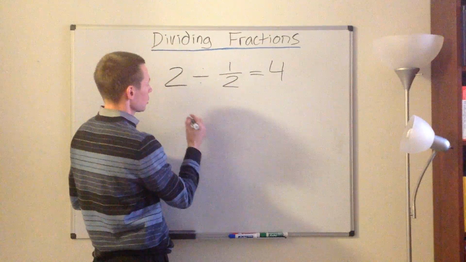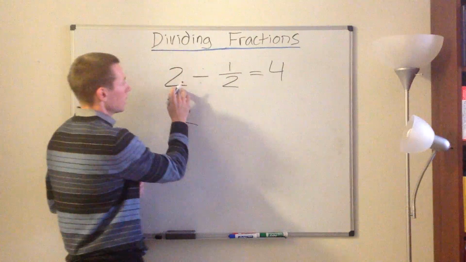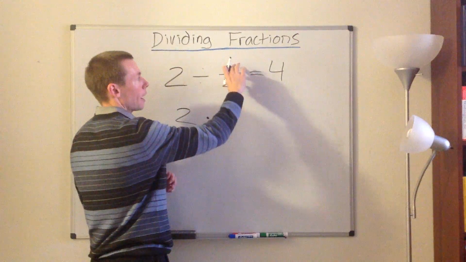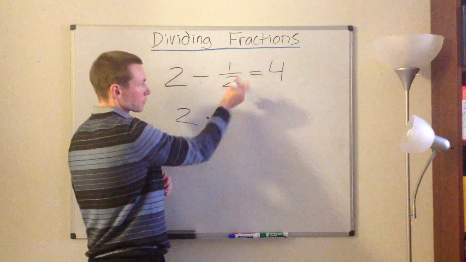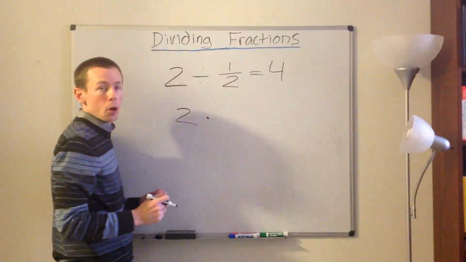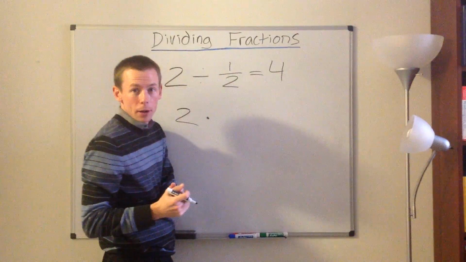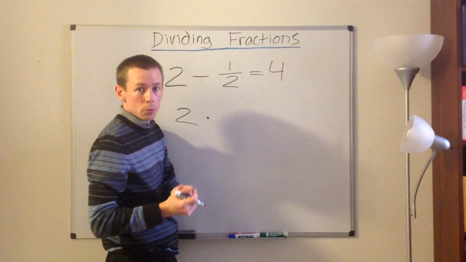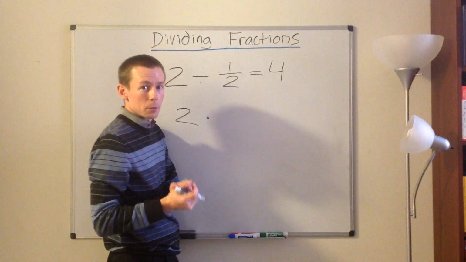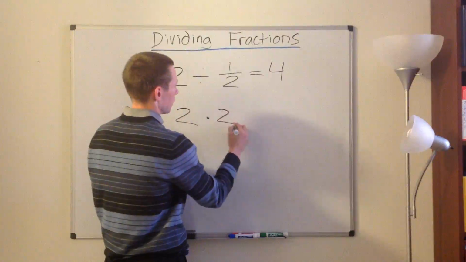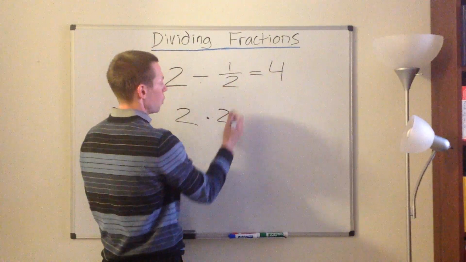What we're essentially doing is taking this number right here and multiplying it by the reciprocal, or what we call reversing the numerator and the denominator, putting the numerator in the denominator and the denominator in the numerator, and then multiplying. So this becomes 2 over 1.